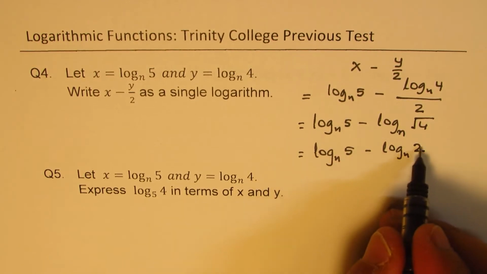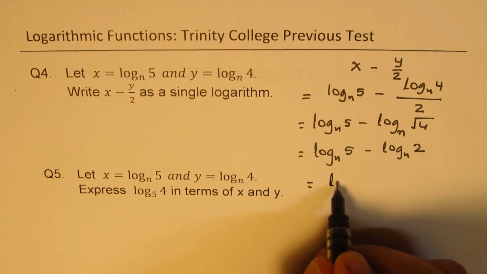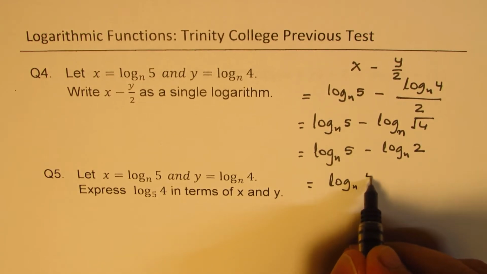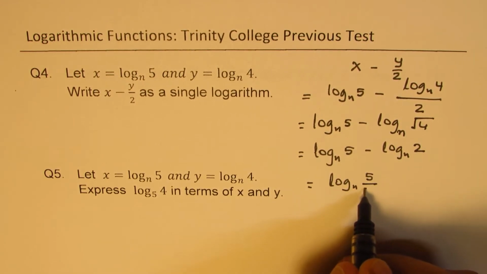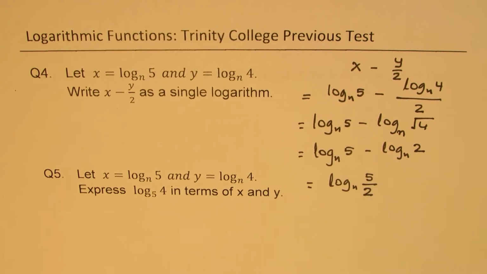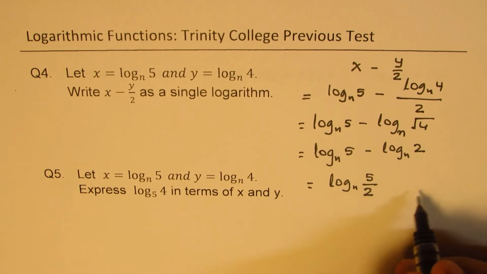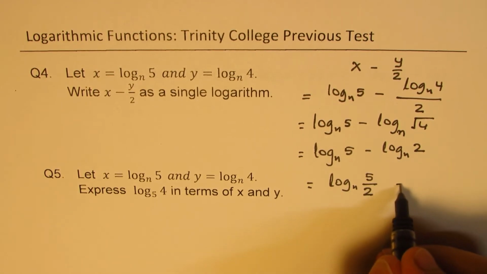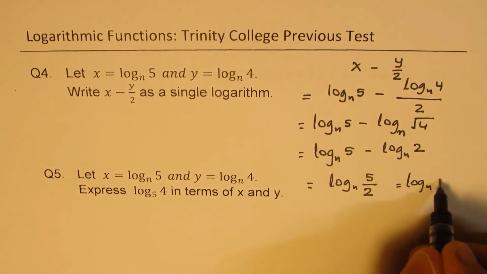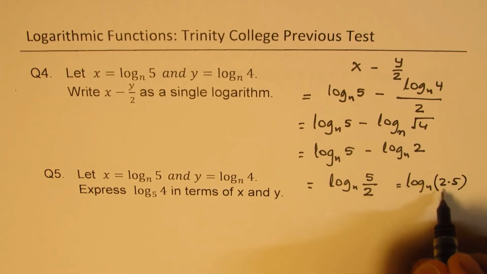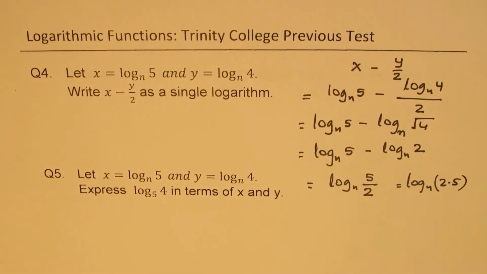And then minus means we'll divide, right? So we have log to the base n of 5 divided by 2. So that is how we are going to simplify. You could also write this as log to the base n of 2.5. Is that clear? So that is how we could actually solve.